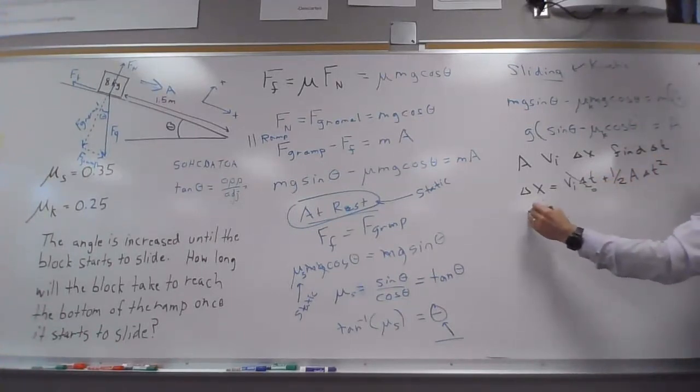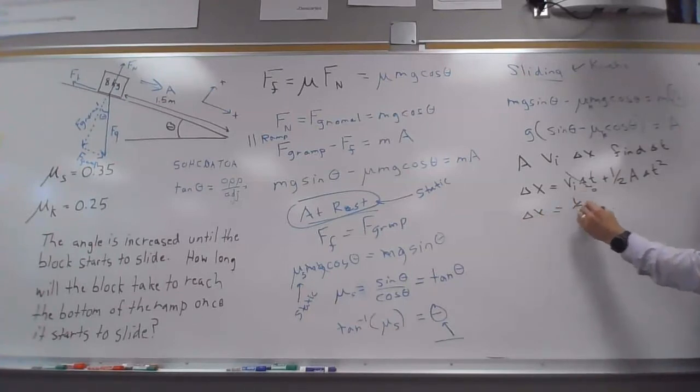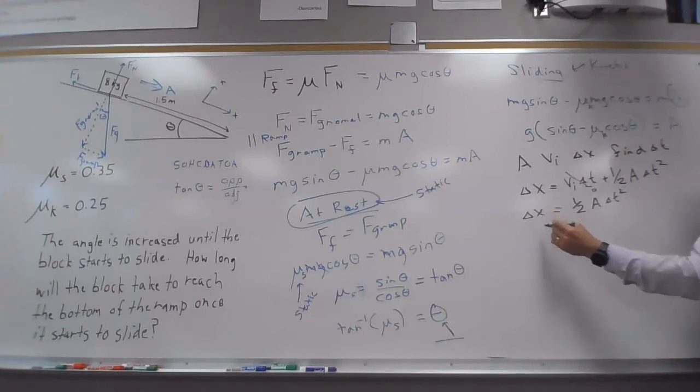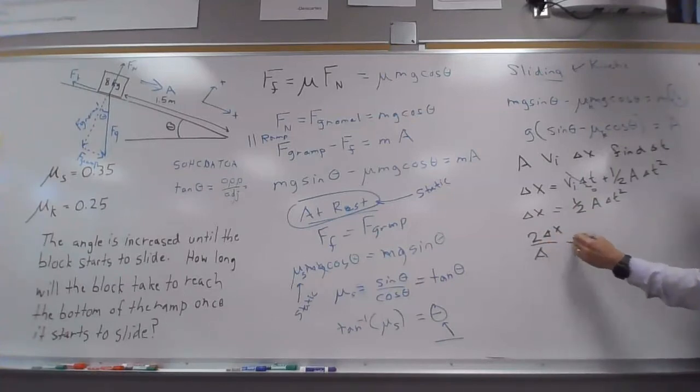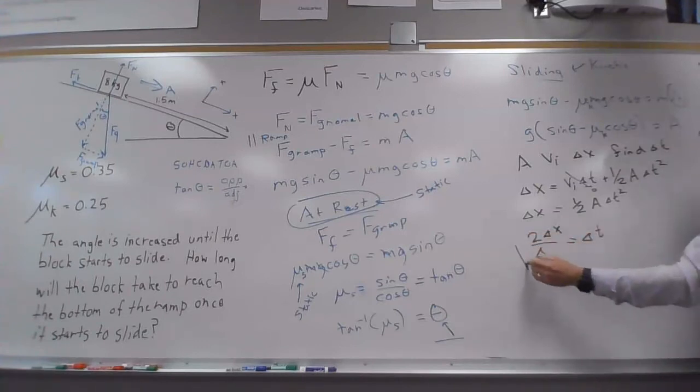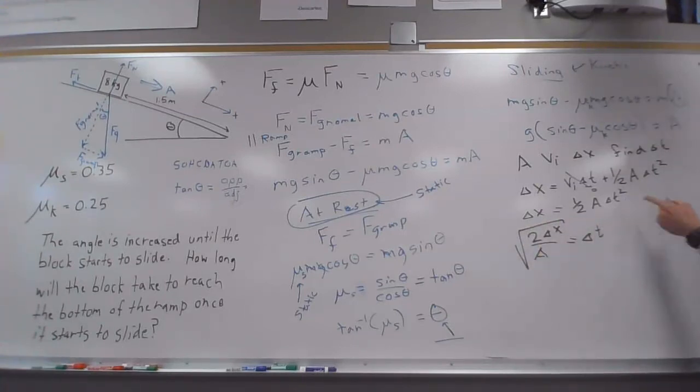We get delta x is equal to 1/2 a delta t squared. And solving for delta t, we get 2 delta x, the 2 comes up, the a comes down, equals delta t squared. If I take the square root of both sides, I get rid of the square. And so now we have an answer for delta t.